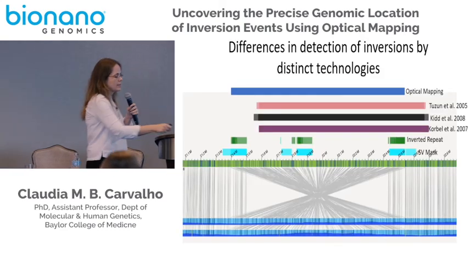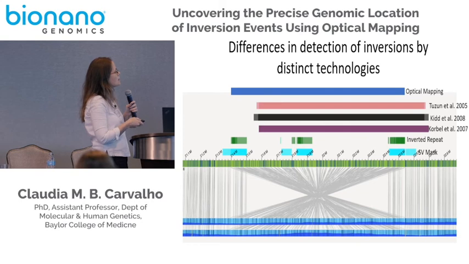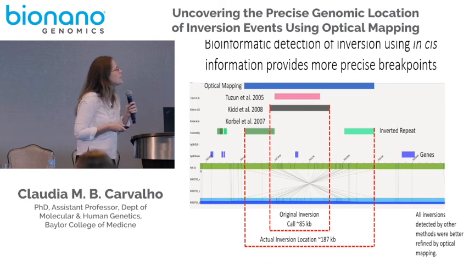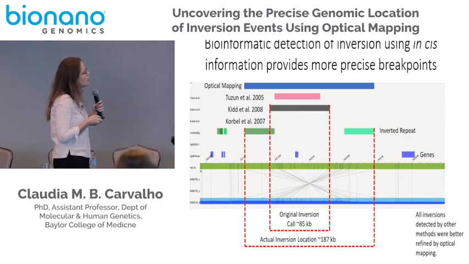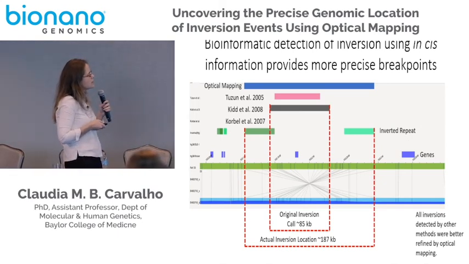And here I already talk about and show the difference in the size and in the breakpoint junctions. Here I am showing a specific inversion that was detected by 3 out of the 4 technologies; Corbell didn't detect it.